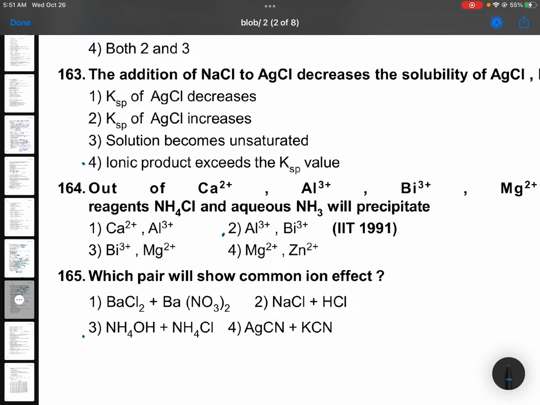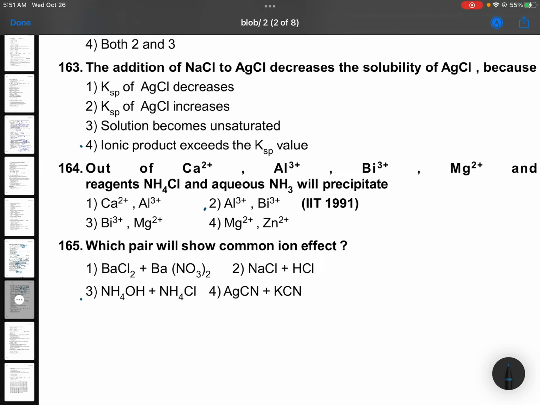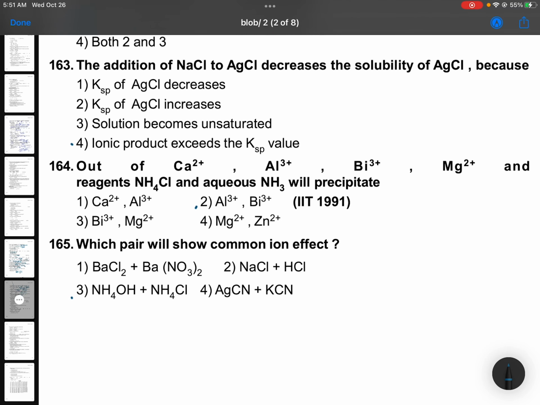The addition of NaCl to AgCl decreases the solubility of AgCl because the ionic product exceeds the Ksp value. When ionic product is more than the Ksp value, definitely solubility will be decreased. NaCl contains sodium and chloride ions, AgCl contains chloride ion. So similar type of ions are there, chloride ions, and because of that the ionic product exceeds the Ksp value.